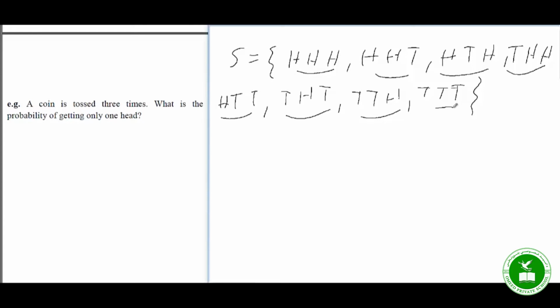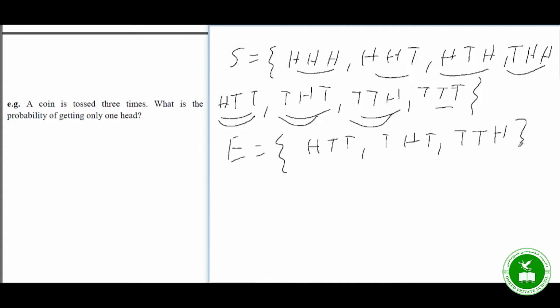The question asks us for getting only one head. It means which cases? These cases: only one head, only one head, only one head. So the event here is head, tail, tail; tail, head, tail; or tail, tail, head.